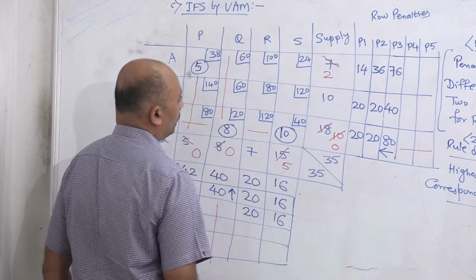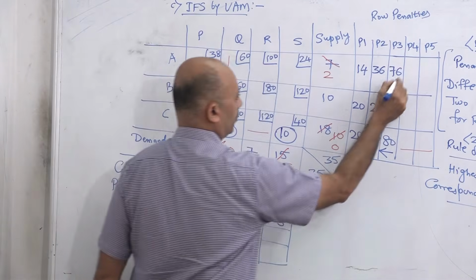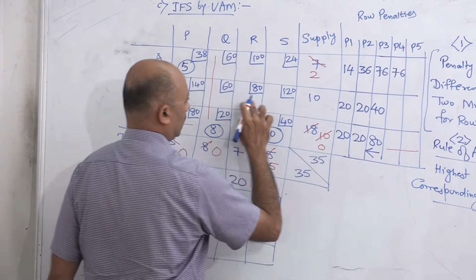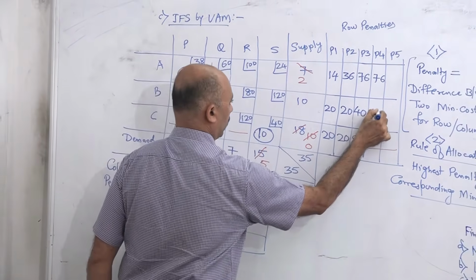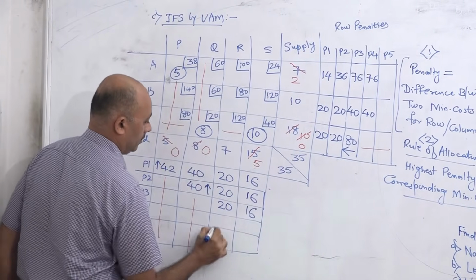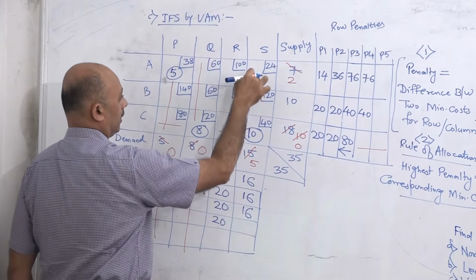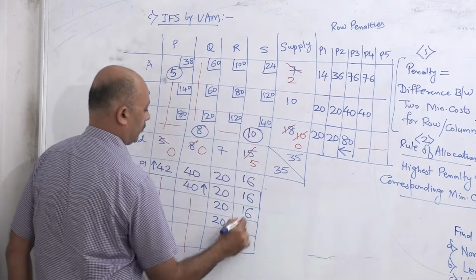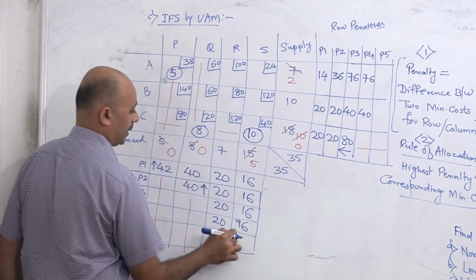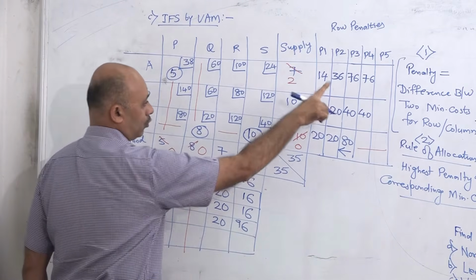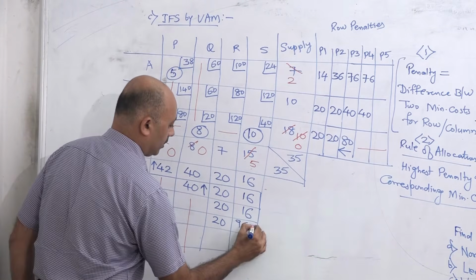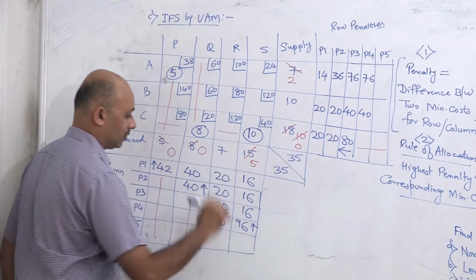Now we go in P4. 124, so 76, 80, 120, so 40, 180, so 20, and 24 and 120, so the difference is 96. So the penalty here is 96. Now you compare, the highest penalty is 96, so you give in 96.